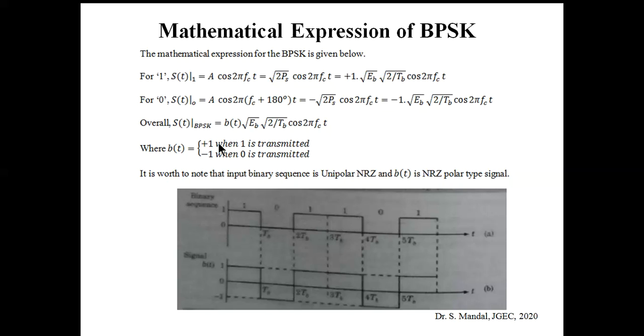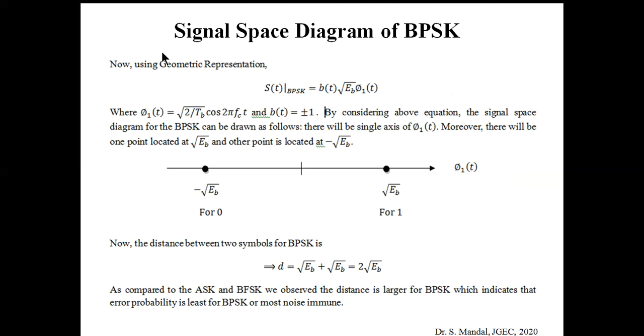So that's why we use two real valued functions, phi 1(t) and phi 2(t). But here in case of BPSK, the geometric representation will be given by this: b(t) into root over Eb phi 1(t). Root Eb is basically the energy, phi 1(t) is the real valued function, and b(t) can take ±1.